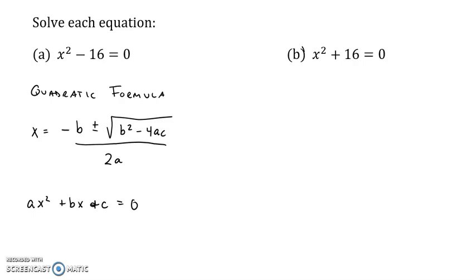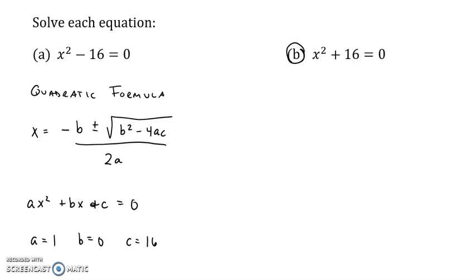So if we're looking at part B on this one, our a value is a 1, since it's in front of the x squared term. Our b value is 0, since we don't have any x terms in our equation, and our c value is going to be a positive 16.